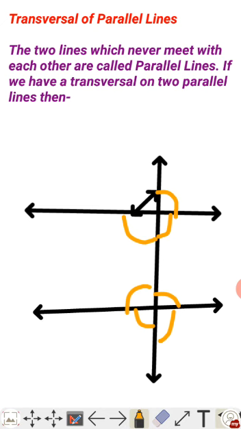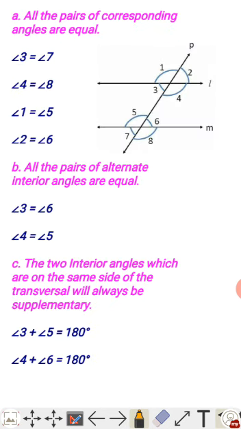Now also they have special names. All the pairs of corresponding angles are equal. In the parallel lines, all the pairs of corresponding angles are equal on the transversal.